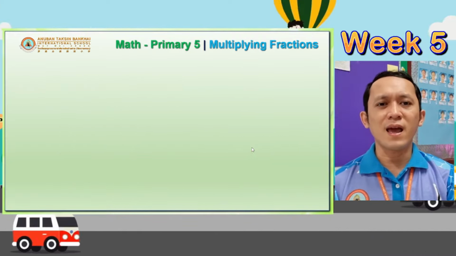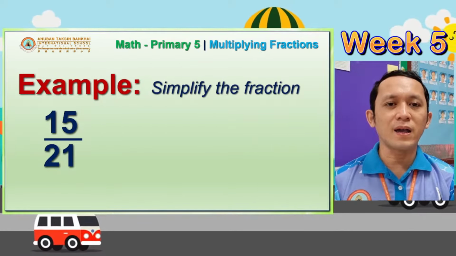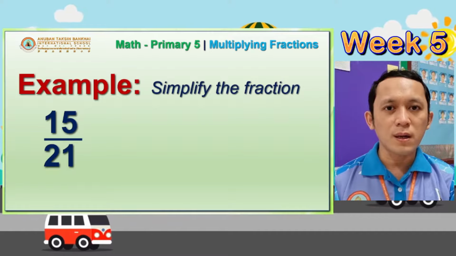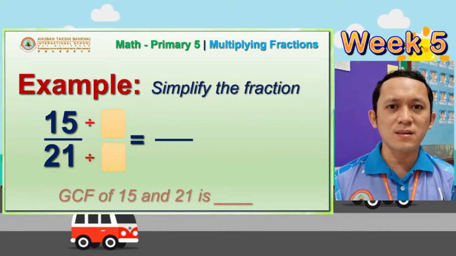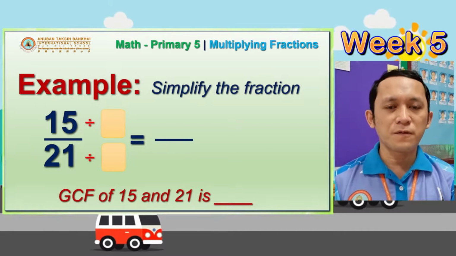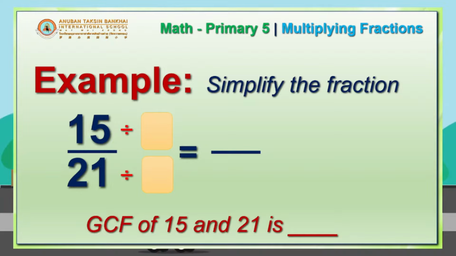Okay, now let's have another example. Let's simplify 15 over 21. So, teacher, what is the greatest common factor of 15 and 21? Okay, can you solve for it? So the greatest common factor of 15 and 21 is?